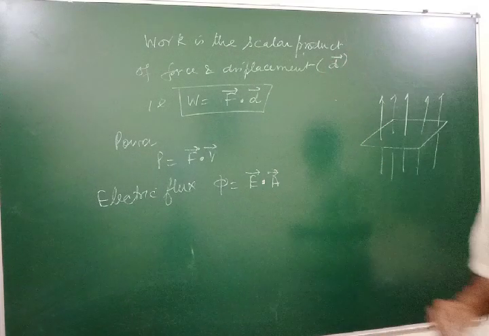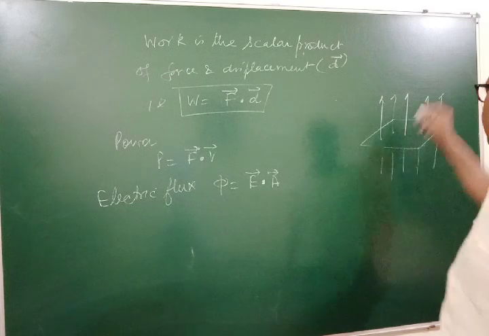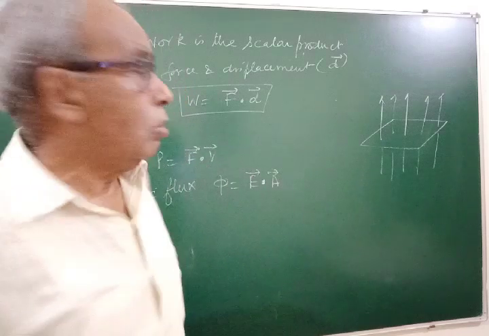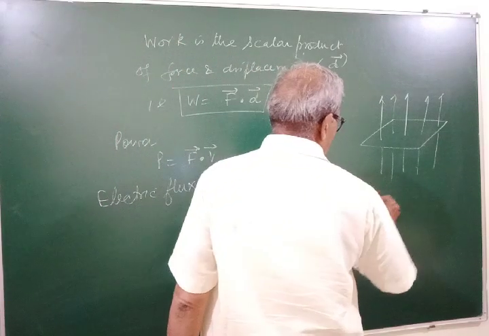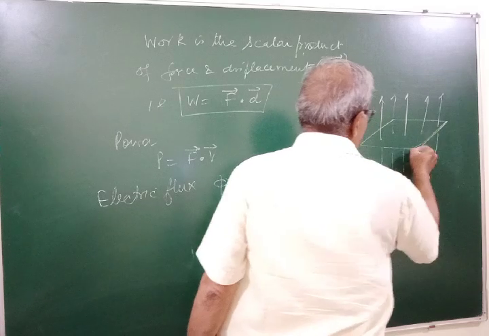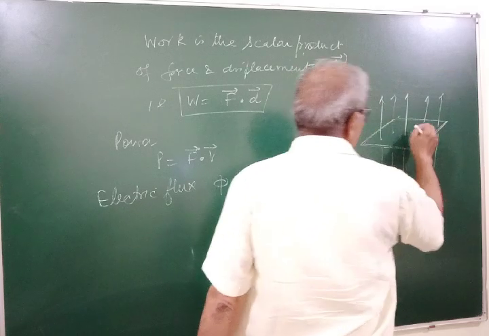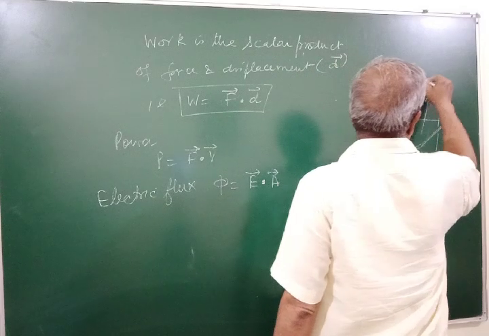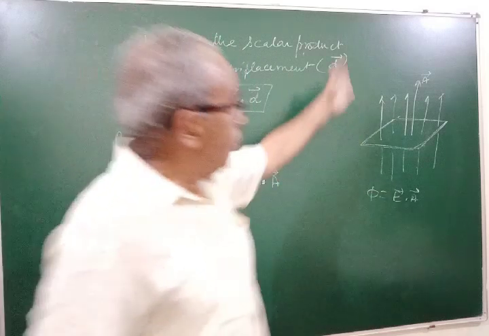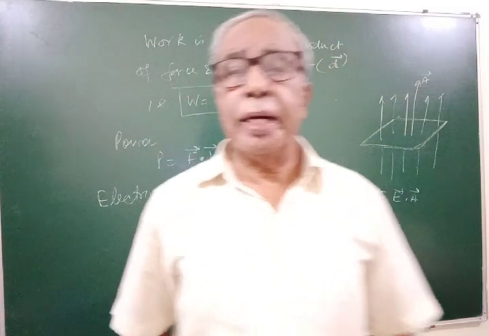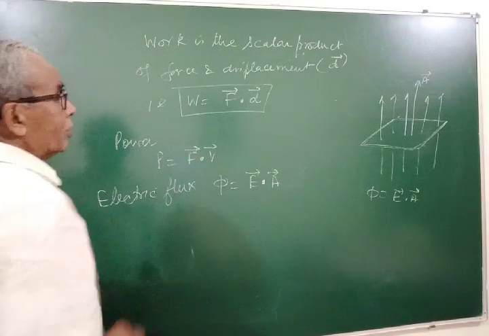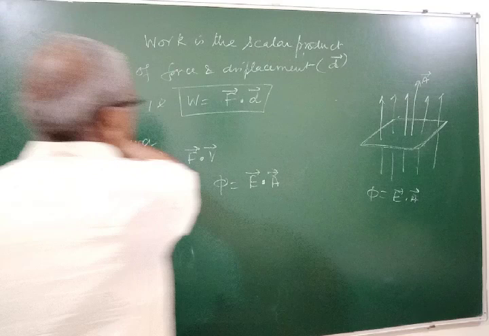We will be learning this in class 12. You might be thinking about what the arrows are; you might have learned electric field lines. So phi equals E dot A. The area direction of this surface is always taken outward, not inward. The electric field may be inward, but the area direction is always outward. So these are a few examples of scalar product.